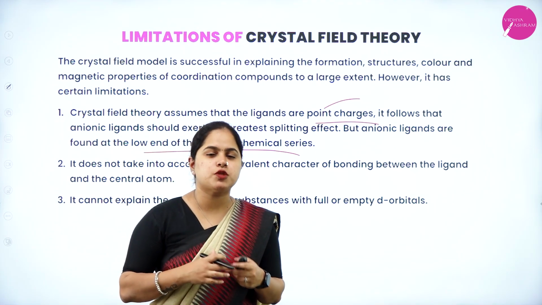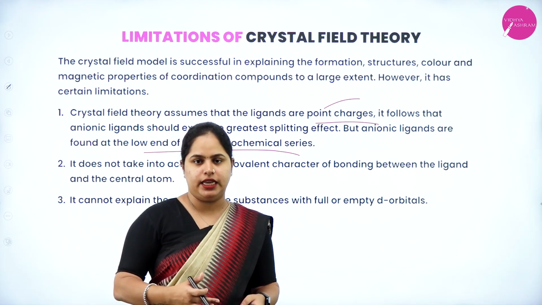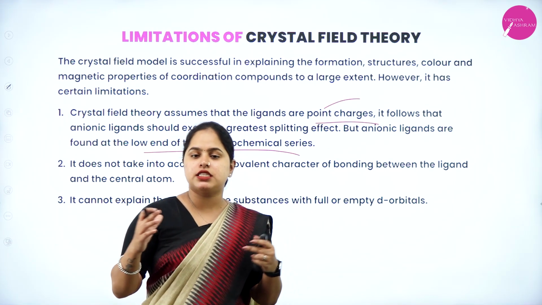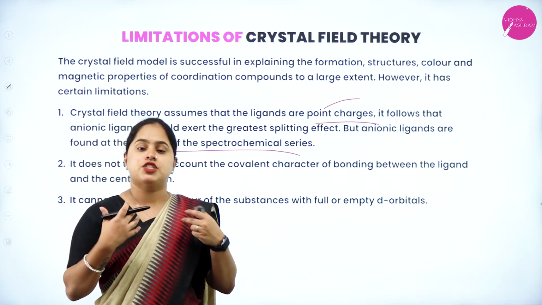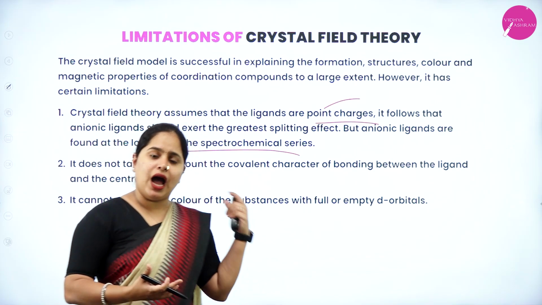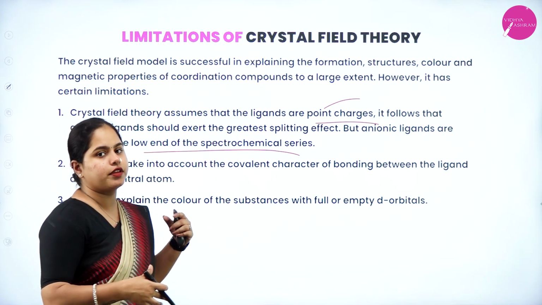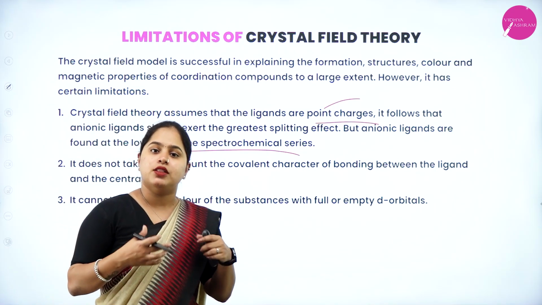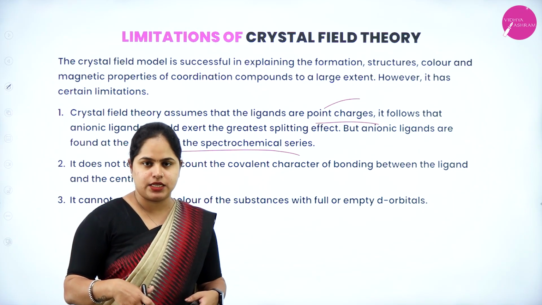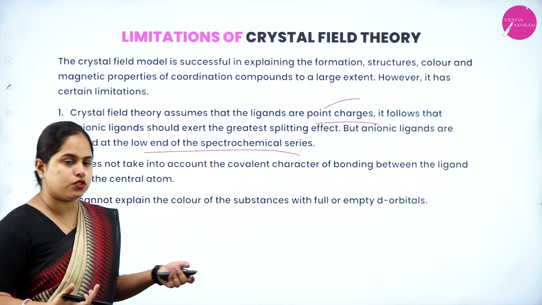But according to the spectrochemical series we have studied, the increasing or decreasing order of the strength of the ligands, the anionic ligands, that is your halogens, come towards the end of the spectrochemical series. Those are generally weak ligands. So that was an assumption which was wrong, right?